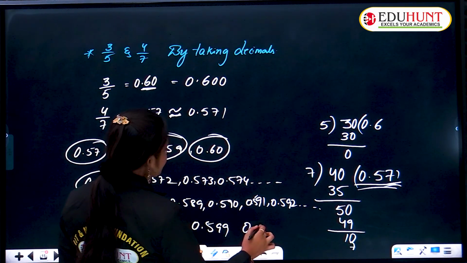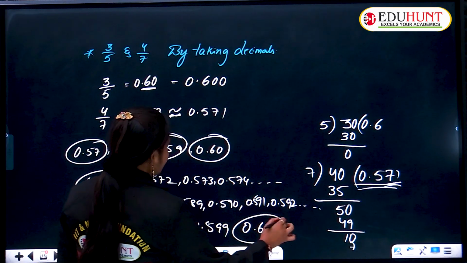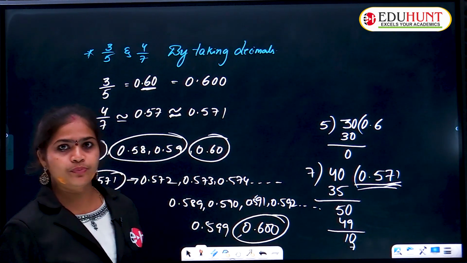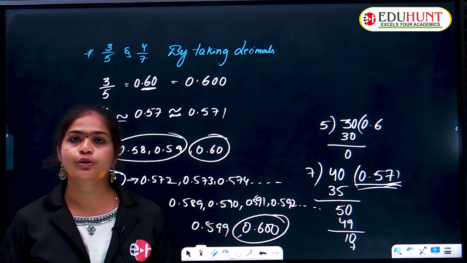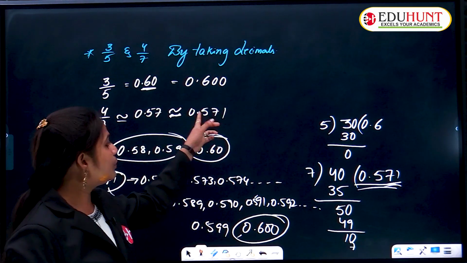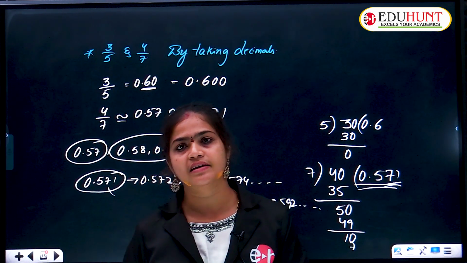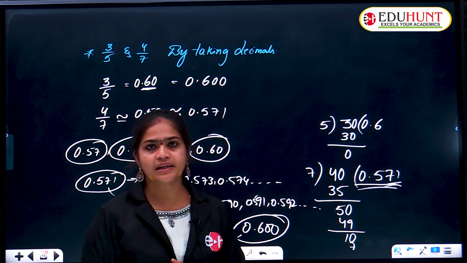After that we have 0.600. In between these two numbers we got infinitely many numbers. That's why we can conclude that in between any two rational numbers we have infinitely many rational numbers. And this is the decimal method.